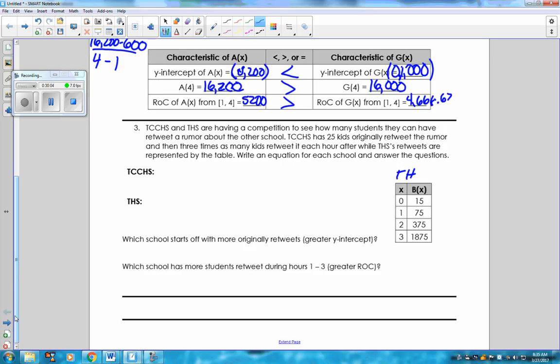So we're going to write an equation for each school and then answer the questions below. First thing you have to write, y equals. How many people or kids originally retweeted the rumor? So we're going to put 3 inside the parentheses to the x power.